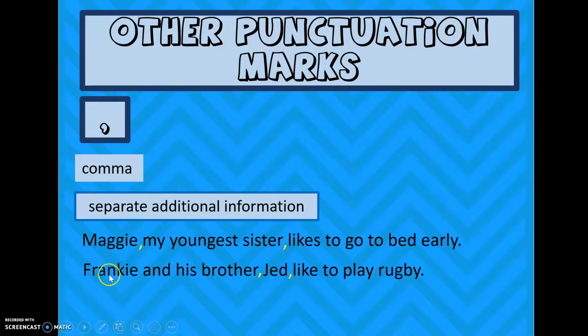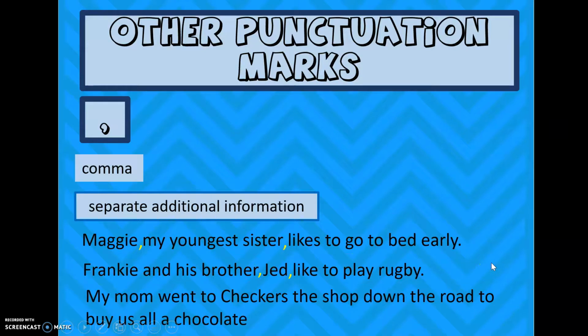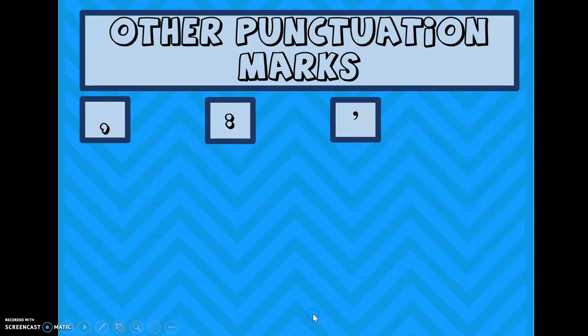We could have just said Frankie and his brother like to play rugby. My mom went to Checkers, the shop down the road, to buy us all chocolate. Yes, the shop down the road is information that isn't very important. We could have said my mom went to Checkers to buy us all chocolate. Oh, and Mrs. Faree forgot her full stop there.